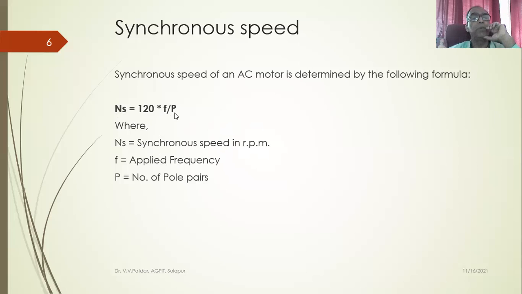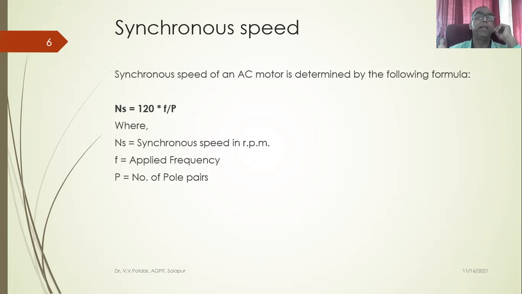Suppose 2 pole pairs असतील and frequency 50 असेल, तर काय होईल? 50 hertz is the supply frequency and number of poles is 2, so 50 by 2 is 25, into 120, that is 25 into 60. किती होणार आहे? 1500.